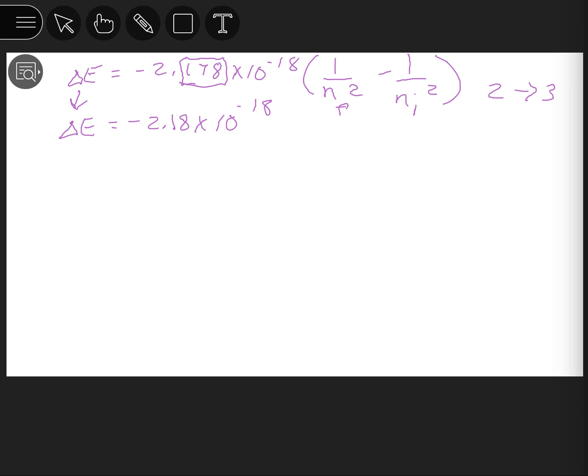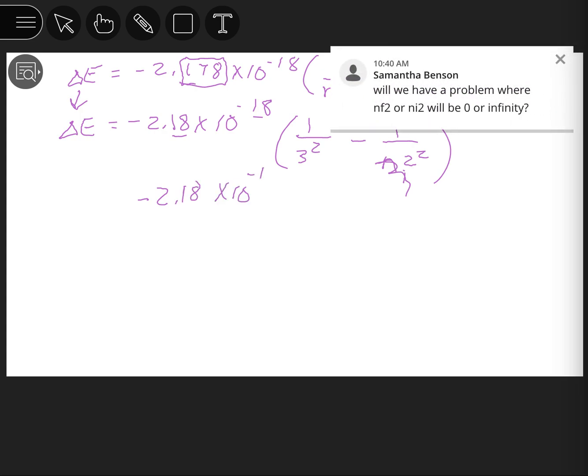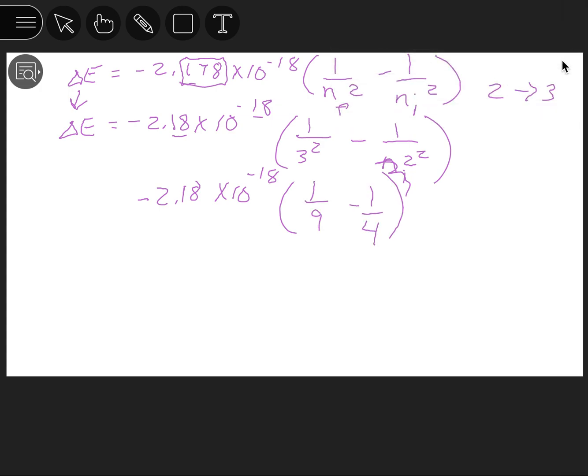It becomes 1 over n final, which is 3 squared, minus 1 over n initial, which is 2 squared. Then it's just a matter of putting this in the calculator: negative 2.18 times 10 to the negative 18, 1 over 9 minus 1 over 4, and solving the rest. Okay, so let's do another one.